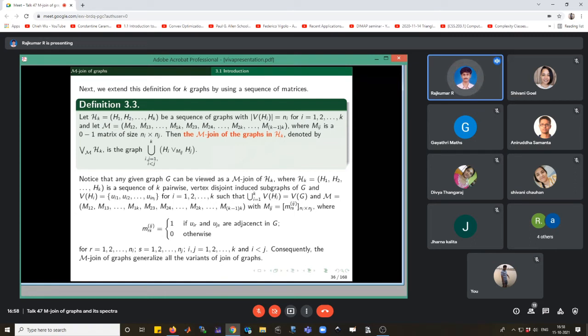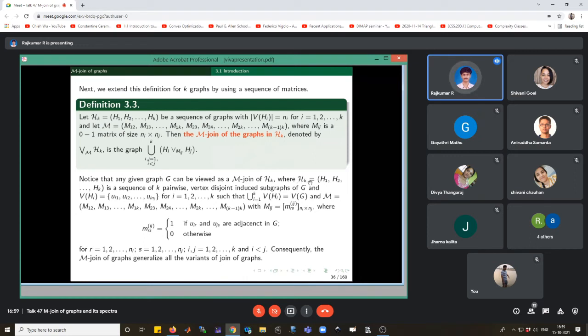Because given a graph operation, if we have a graph, one can ask whether this graph can be obtained from a graph operation on some graphs, and that may not be possible for some graph operations. But this operation has the property that any graph can be expressed as an M-join of some suitable graphs. So the construction is given here.